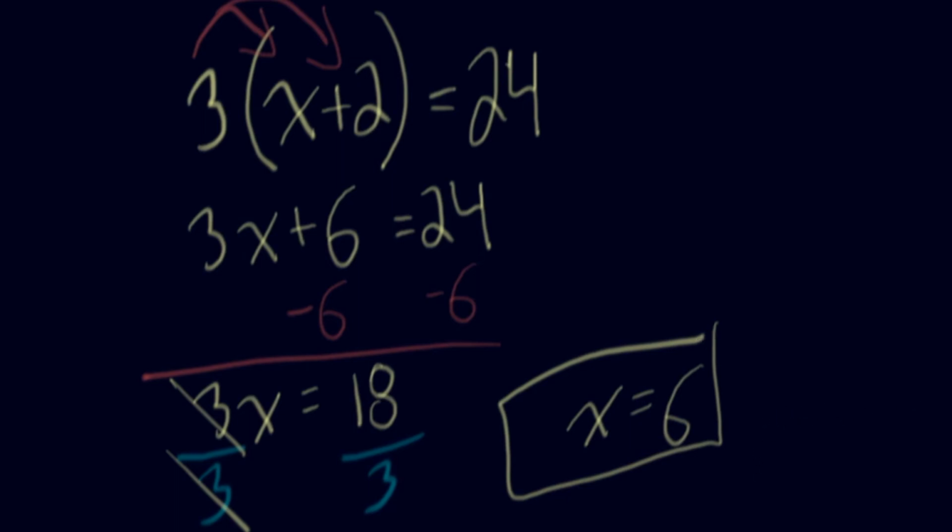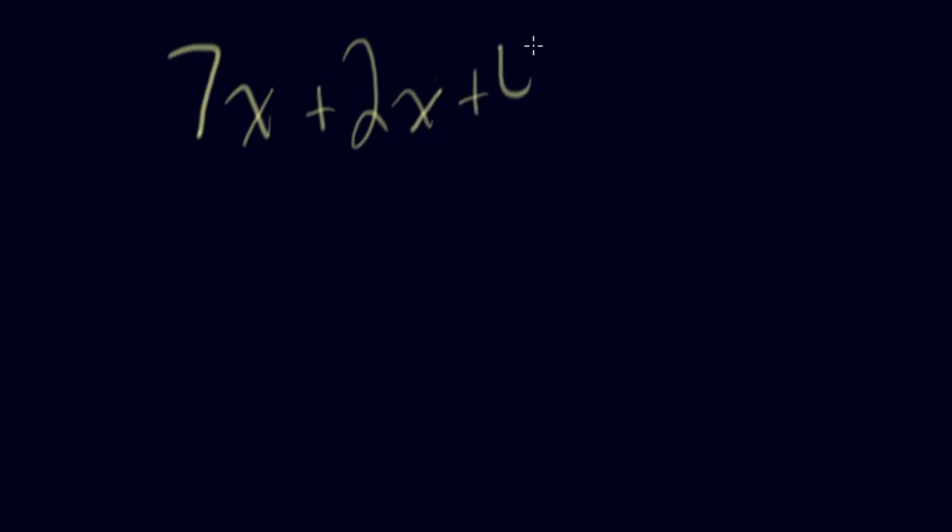Let's take a look at one more. And this one is going to have some combining like terms. So this one is a good one to look at. So let's say we had 7x plus 2x plus 4 is equal to 76.